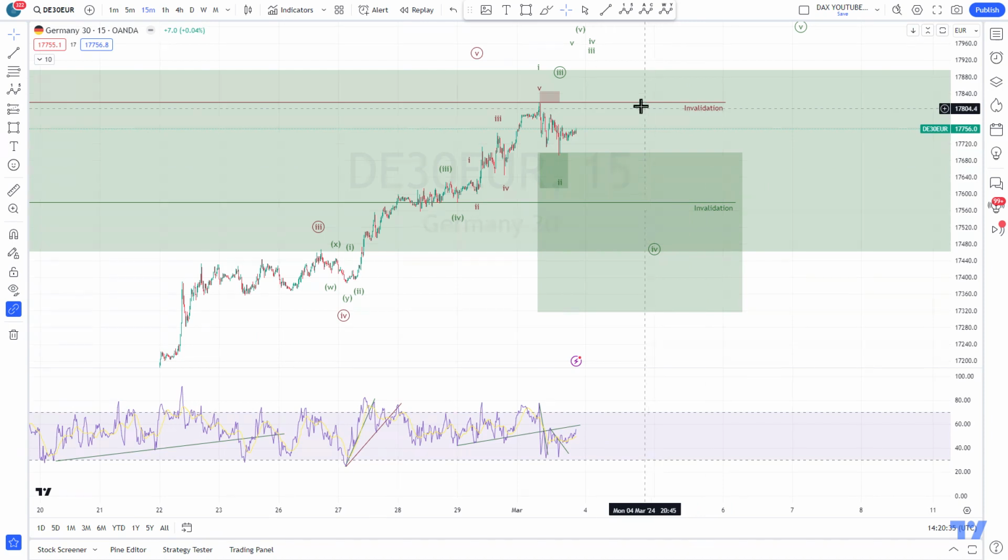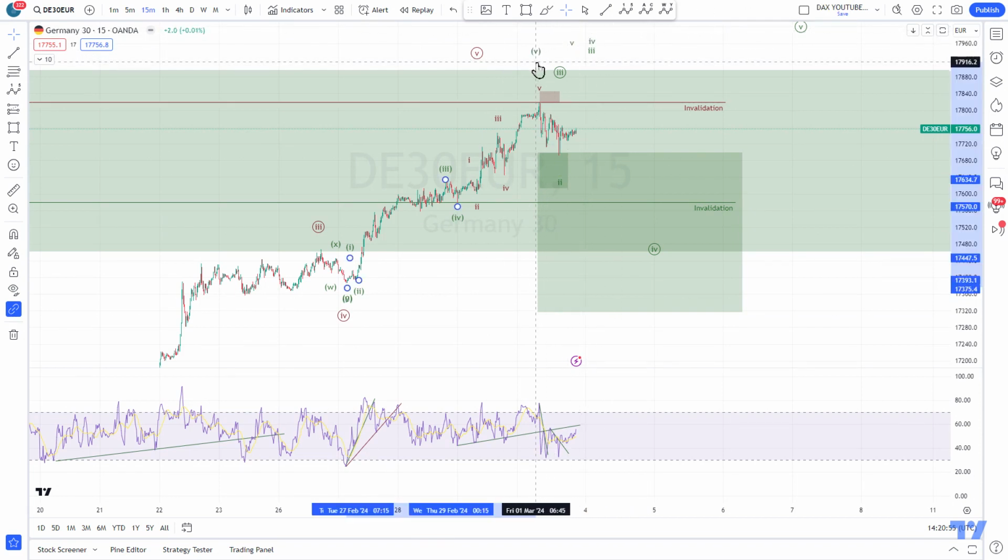So why am I saying that the wave 3 might be in right here? I'm saying this because if I evaluate this structure here in the 15-minute, it could be that we have a complete cycle right here. So 1, 2, 3, 4, and especially this structure looks like something that could be a completed 5 waves.